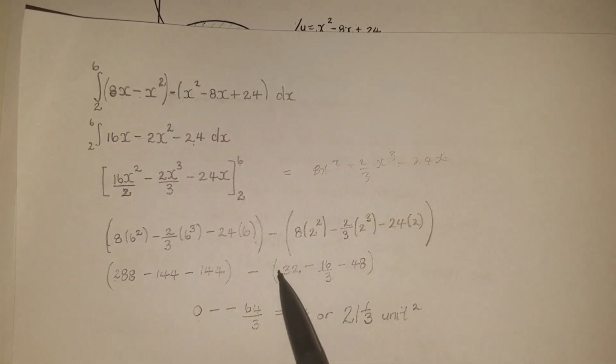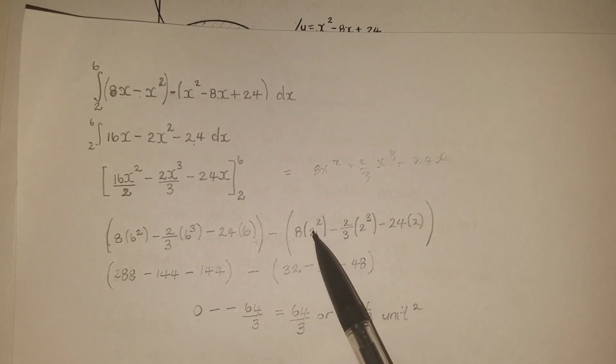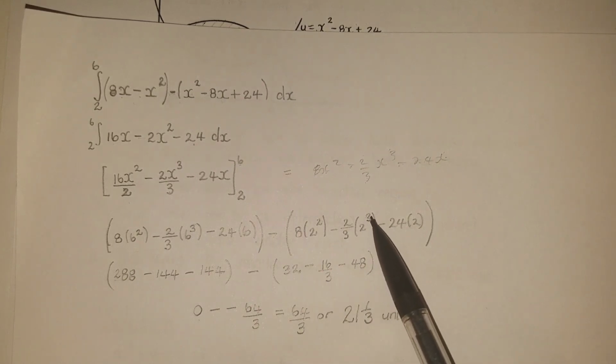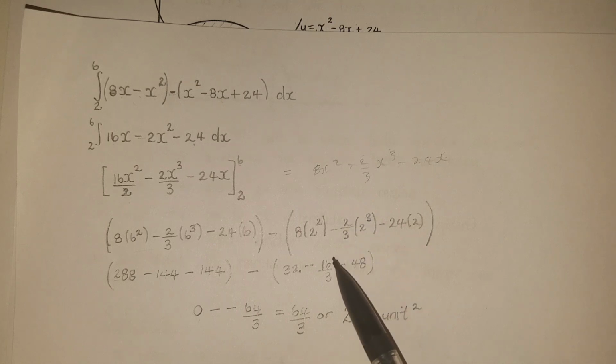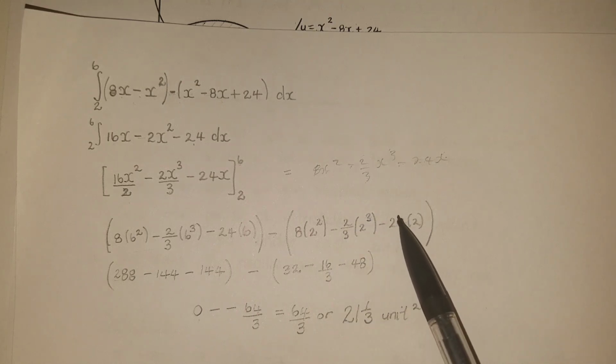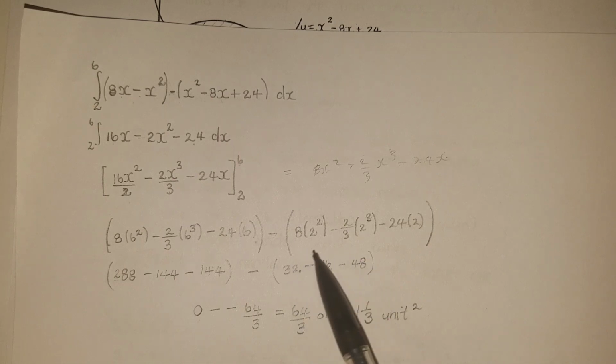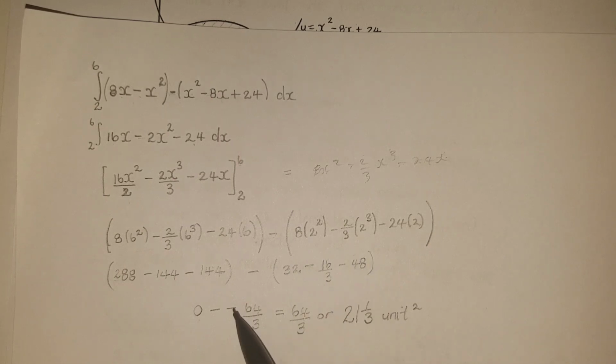Now for the bracket with the lower limit, 2 squared is 4, times 8 is 32. 2 cubed is 8, 8 times 2 over 3 is 16 over 3, and 2 times 24 is 48. When this bracket gets calculated, we get a negative 64 over 3. So minus negative 64 over 3 gives us a positive 64 over 3, or 21 1/3.